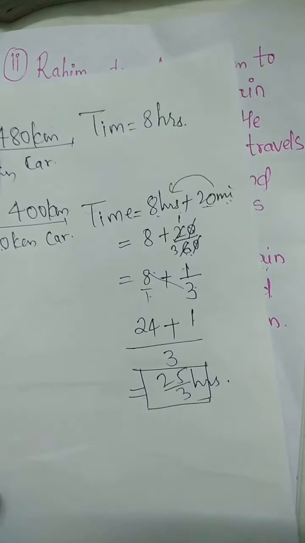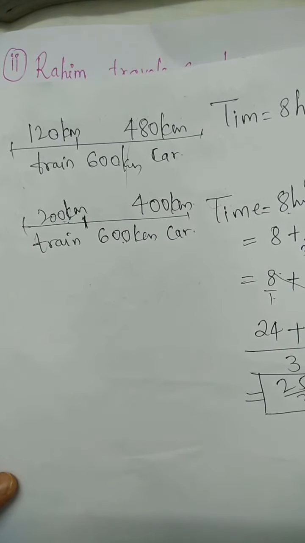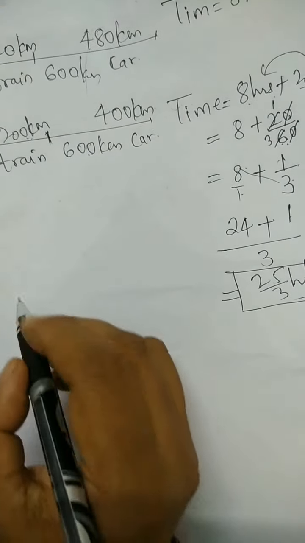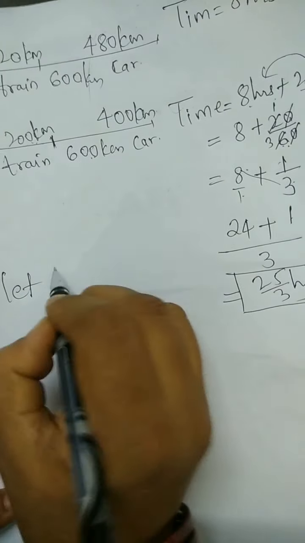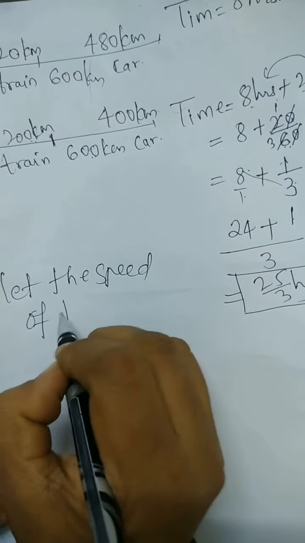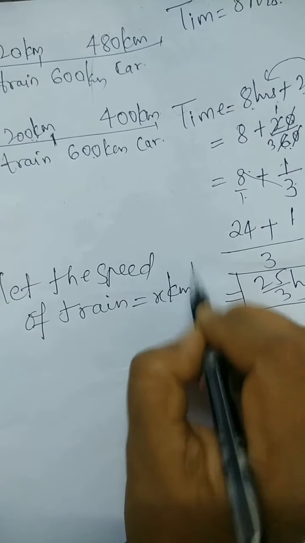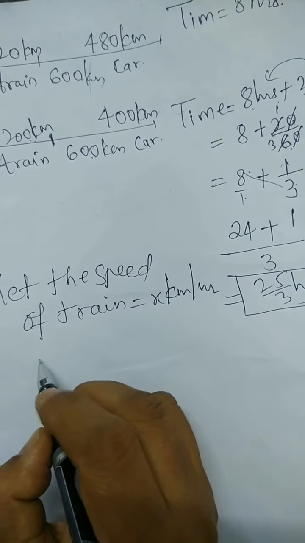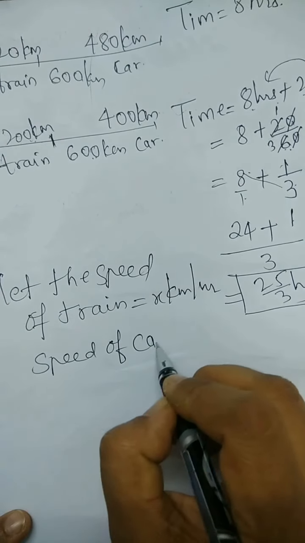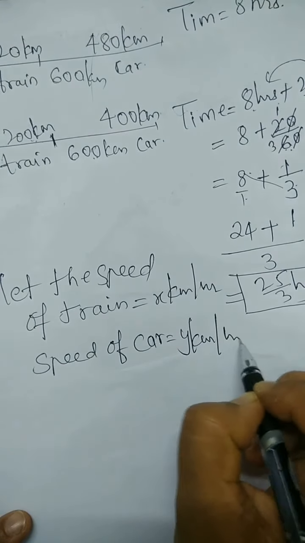Okay. Now, we don't know the speed of the train and we don't know the speed of the car. So, what is the speed of the train? Let the speed of the train be x kilometers per hour and the speed of the car be y kilometers per hour.